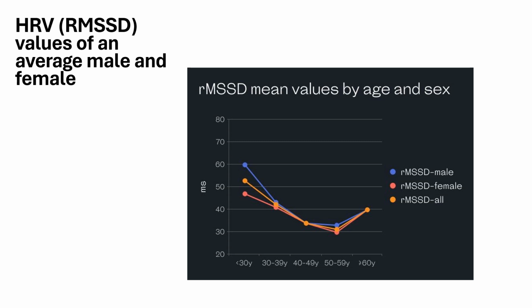From this graph, we would potentially say that this is approximately a 30-year-old male who has an RMSSD score of 54. In the blue line here, because the female line is the red line, and that score doesn't actually go up to 54, does it? So from this graph, as an average, we could suggest that a person with an RMSSD score of 54 is a 30-year-old male.